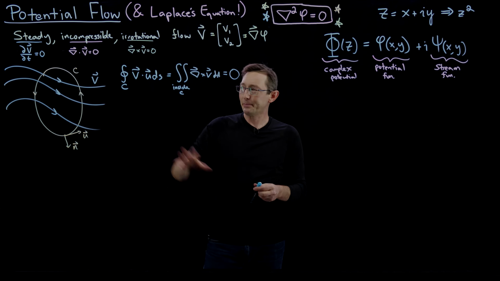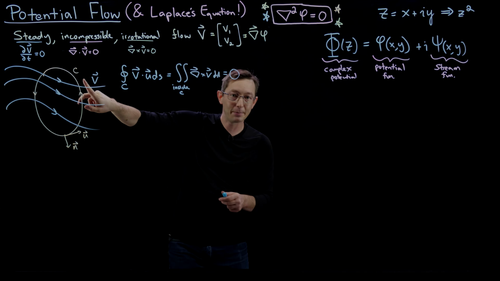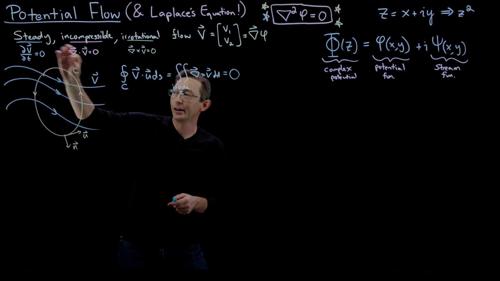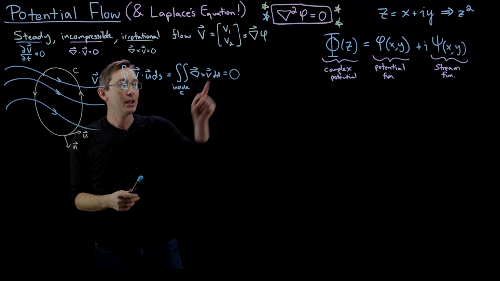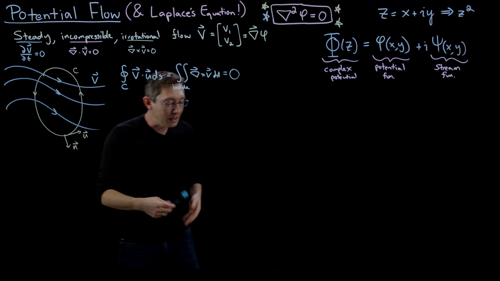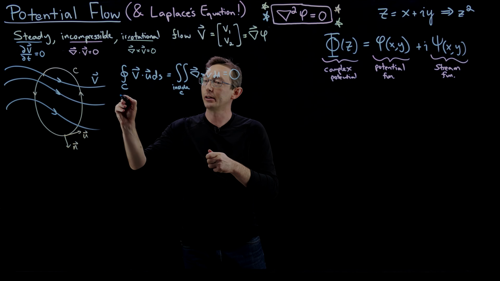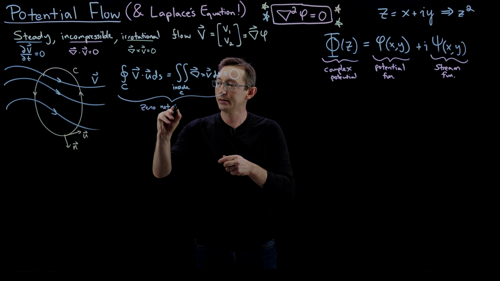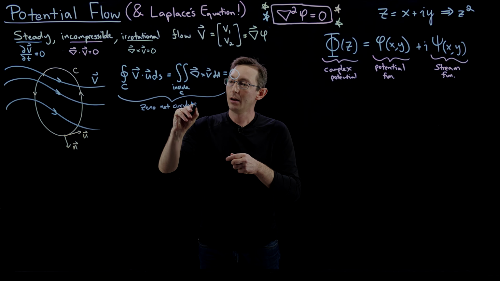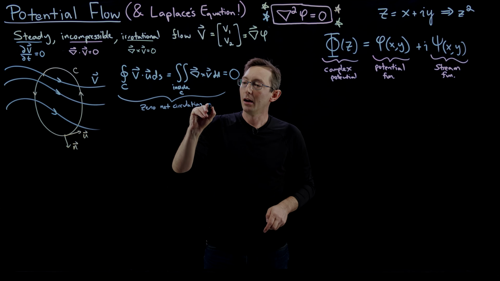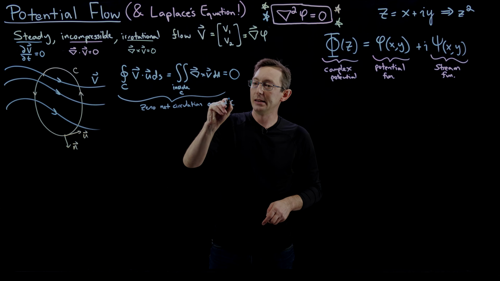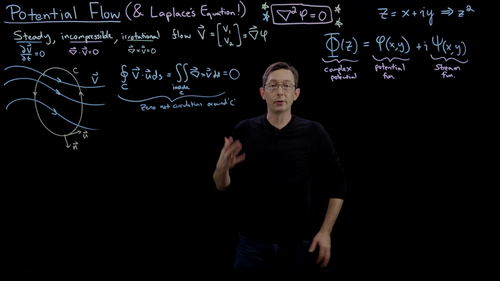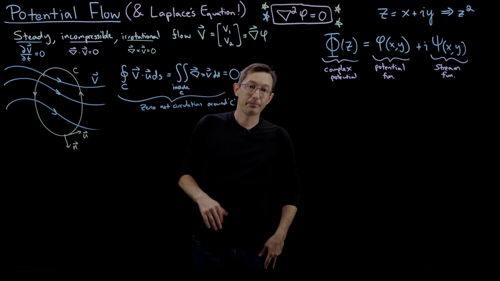And what this tells us is that if I take my velocity field, dot it into the u direction, and integrate it around any closed curve C, it has to equal 0. What that means is that there is 0 net circulation, or vorticity, around C. And that's for all closed curves C. So this is one really, really useful property of potential flows.